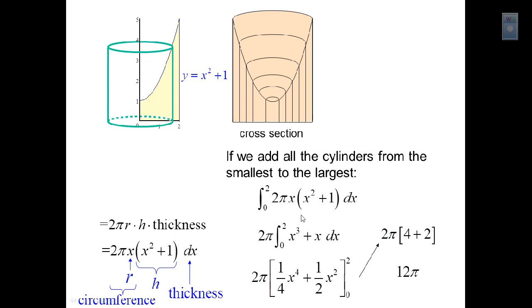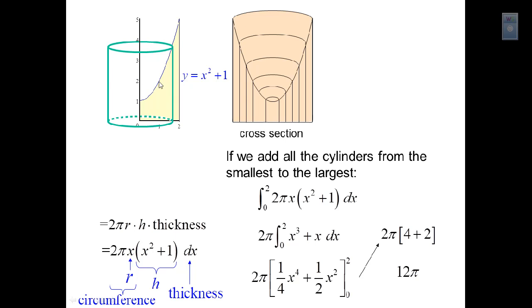Now, one thing before we get too far into this, I want you to know the way you do a shell method, notice that our slice is parallel to the axis of rotation. And think back to part 2, the way we did a disc or a washer, our slice was what?